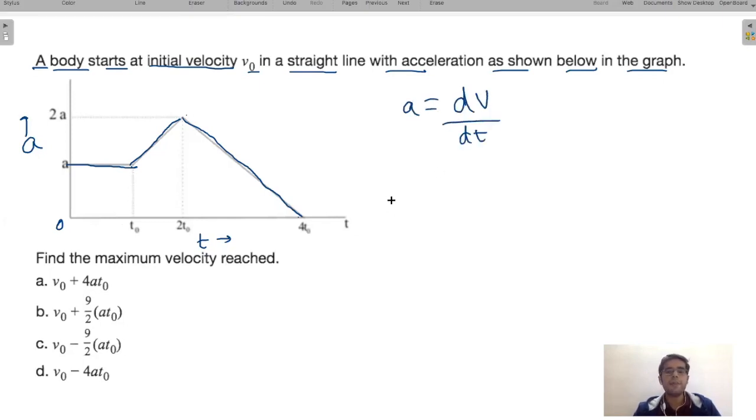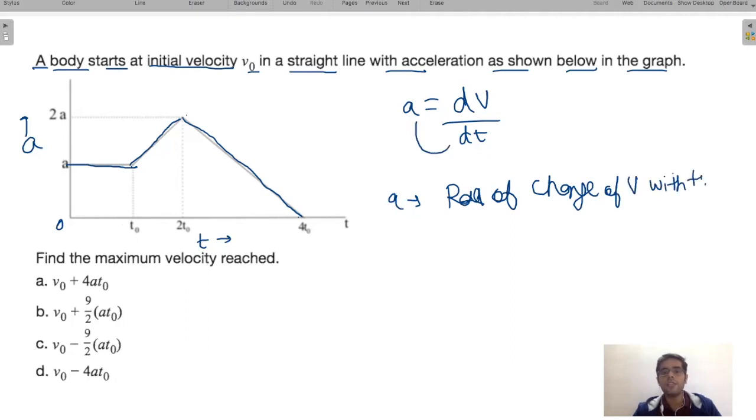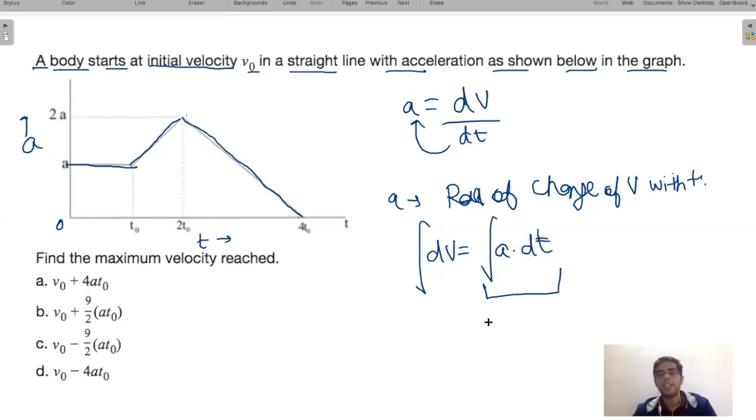Okay. Now we know that acceleration is dv upon dt. That means acceleration is the rate of change of velocity with time. So what we can do, we can take dt this side. So dv comes out to be a dt, and we can integrate both sides. Now, what is the meaning of this integration of a dt?